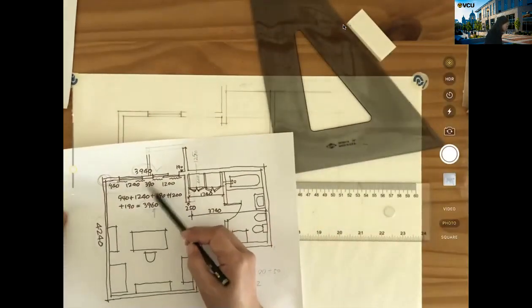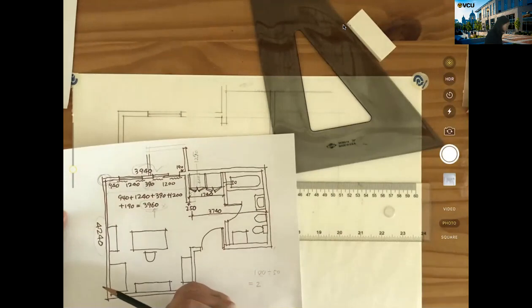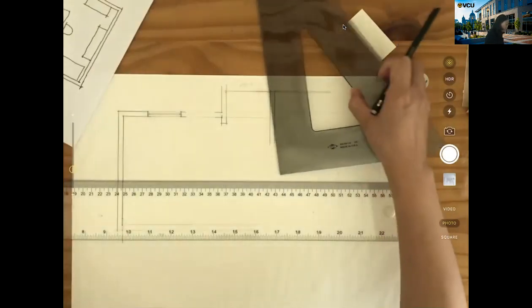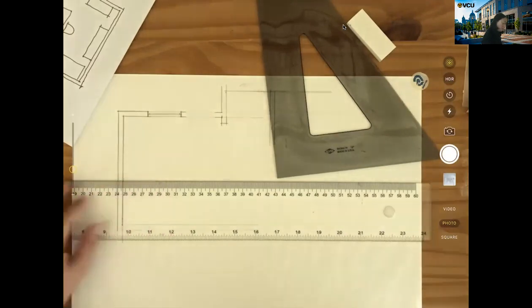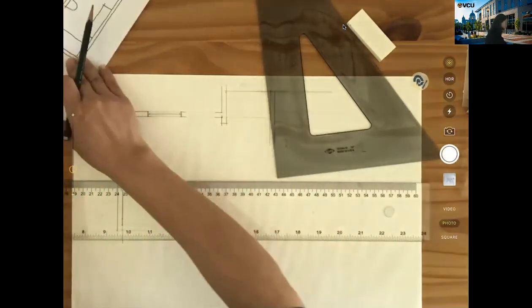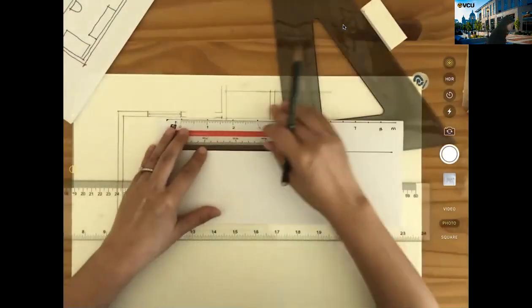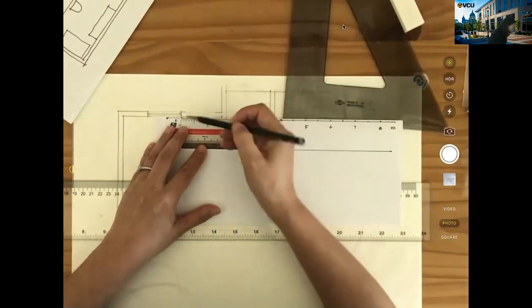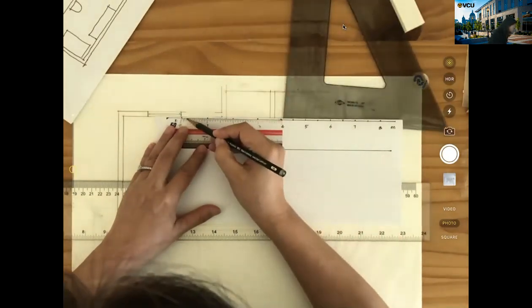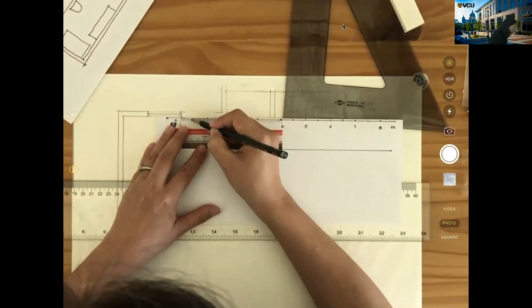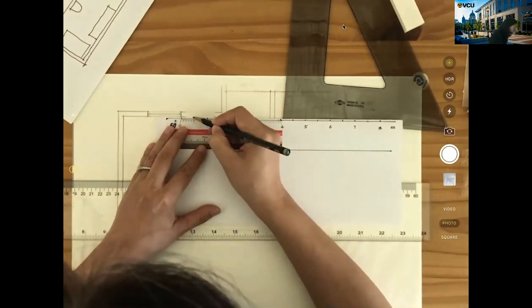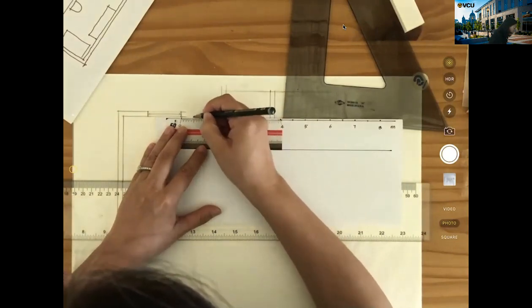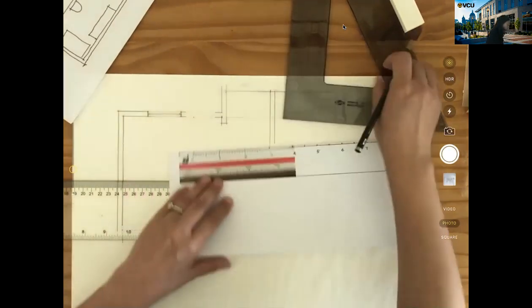So now is the sliding door. I have 319 in there, so I'm going to measure 319 using my fake scale ruler. Okay, so 1, 2, 3, 4. Okay, 390 is almost 400, so it's almost here.